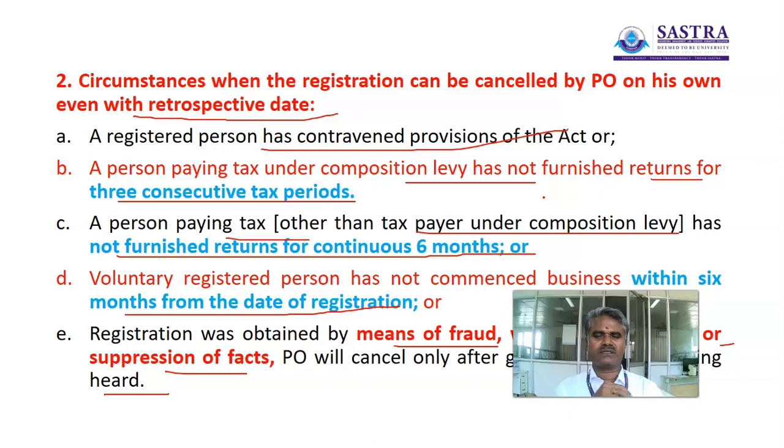The registration was obtained by fraud, willful misstatement. So these are all the points you have to keep in your mind at the time of cancellation by the PO.